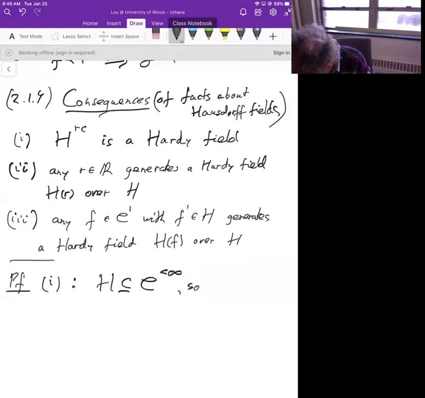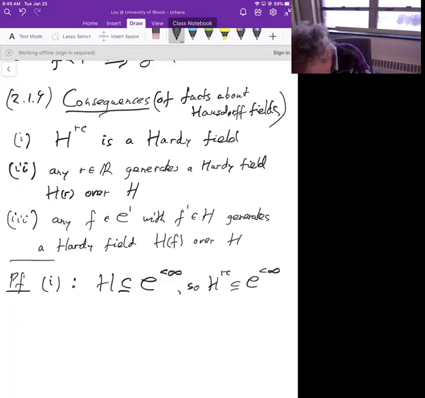So it will be n times differentiable also for every n. That uses just what we said about Hausdorff fields. But now we have to show in addition that the derivative of an element in this real closure is again in the real closure.